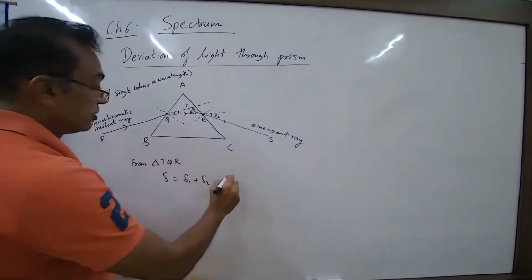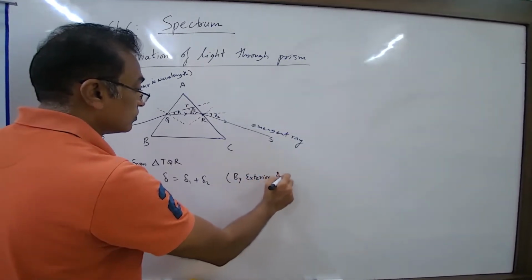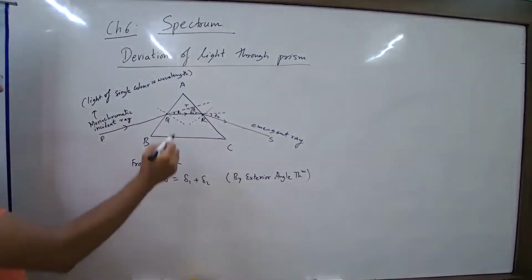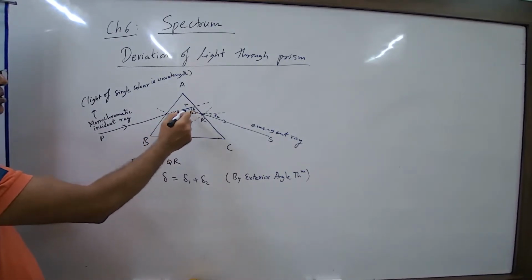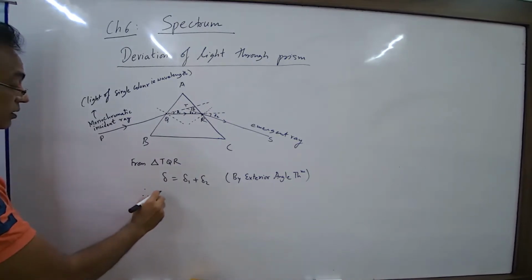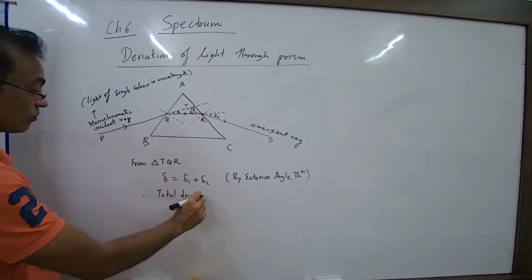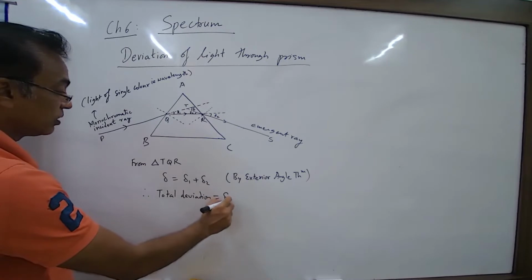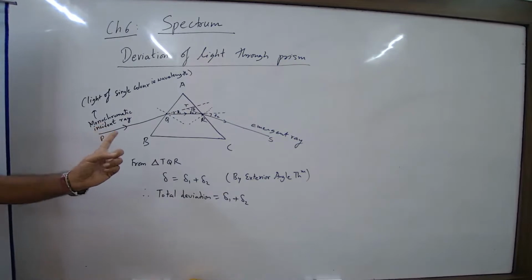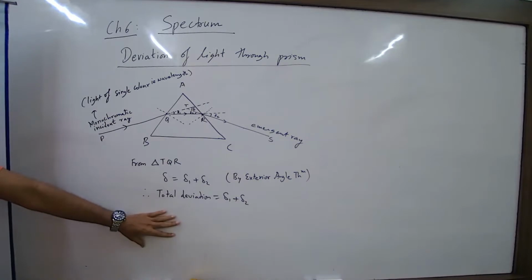Correct? By exterior angle theorem. What is the exterior angle? Delta. It is equal to sum of interior opposite angles. Right? Therefore, total deviation is equal to delta 1 plus delta 2. So this ray suffers deviation twice, at the first phase and at the second phase. So this is the total deviation. Is this clear?